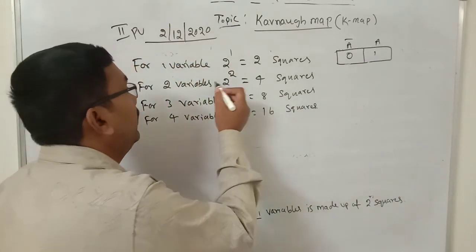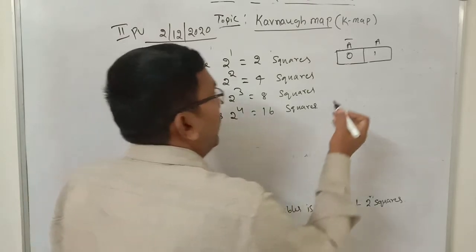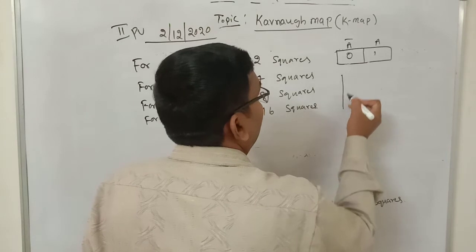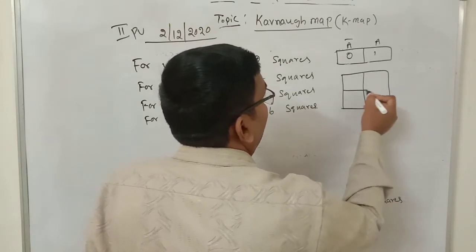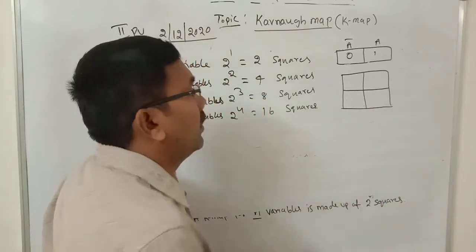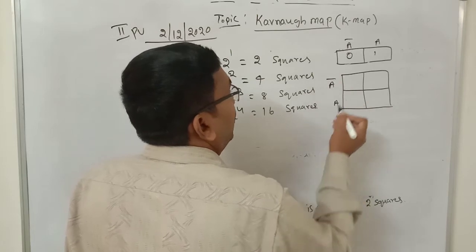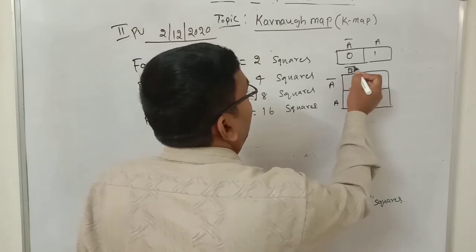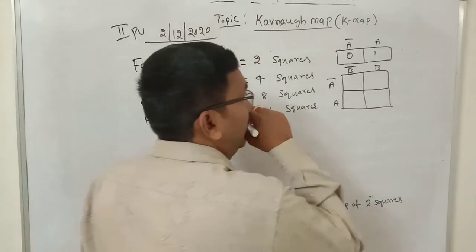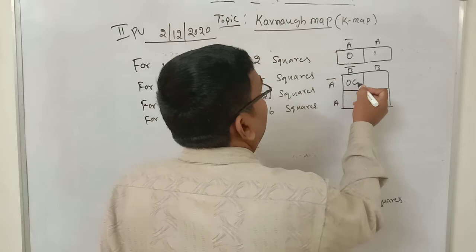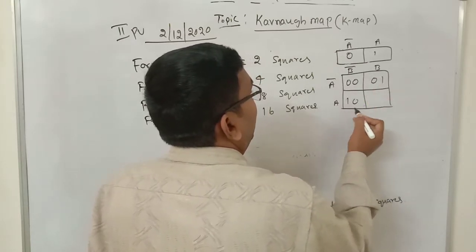If it is 2 variables, for example A, B, then how many possibilities? 4 possibilities, 4 squares: A bar, A, B bar, B. A bar B bar means 0 0, 0 1, 1 0, 1 1.